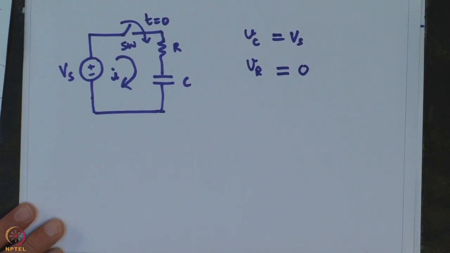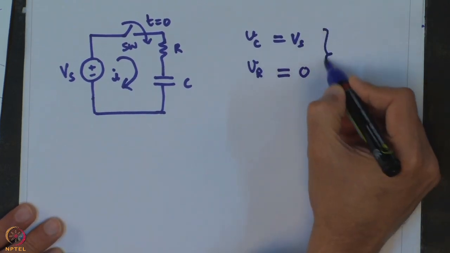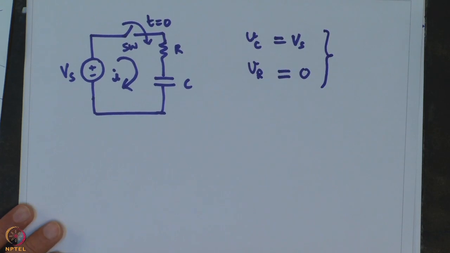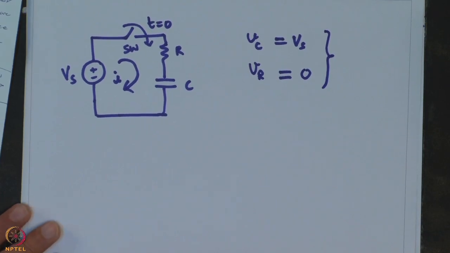But what we observe is that this steady state solution is not really predicting the value of the voltage across the resistance for all times after the switch has been closed.